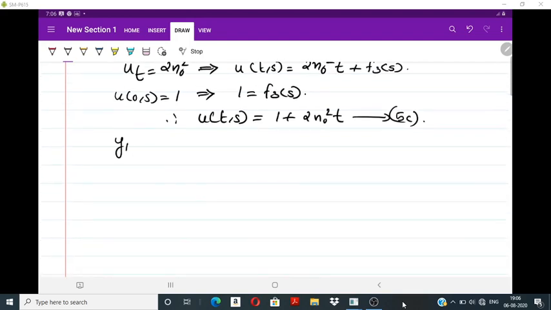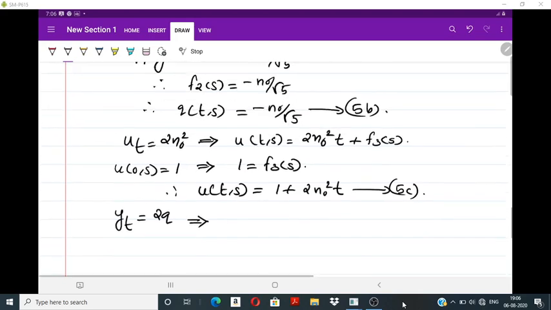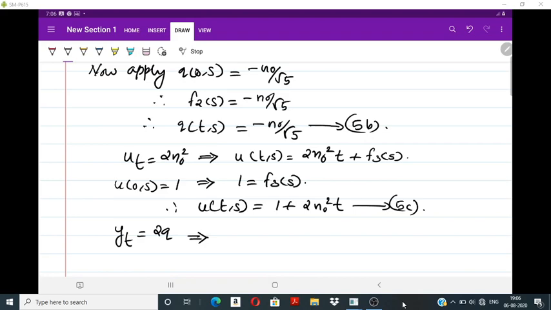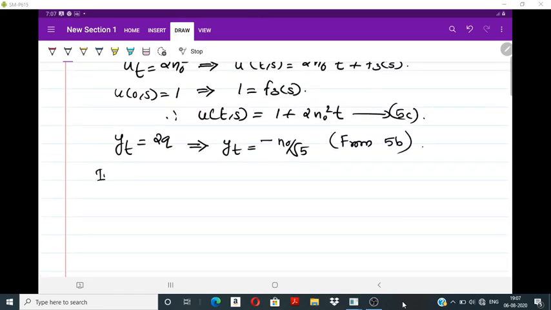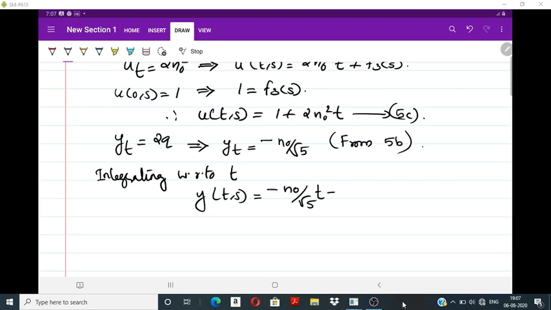Now consider y_t. y_t is equal to 2q. Now we know what q of t comma s is, from equation 5b, minus n naught by root 5. So integrating with respect to t on both sides, we get y of t comma s is equal to minus n naught by root 5 t plus another function of s, let it be f4 of s.